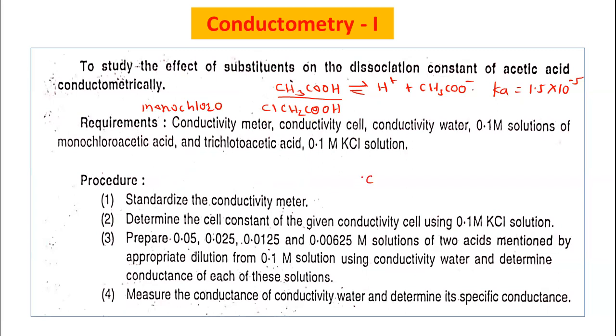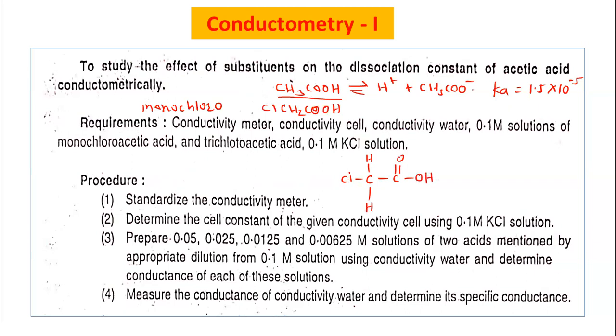Actually, it can be represented in this way. Chlorine is an electron withdrawing group. So when this chlorine is bonded to the carbon atom, what happens here?